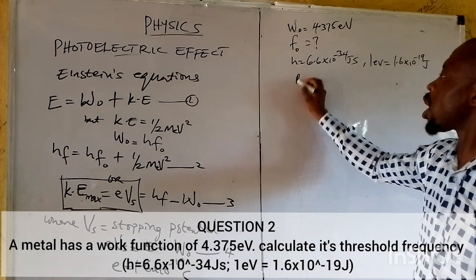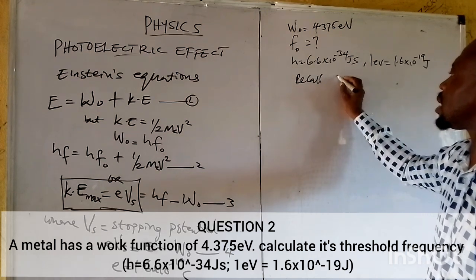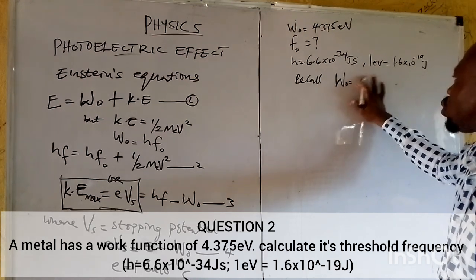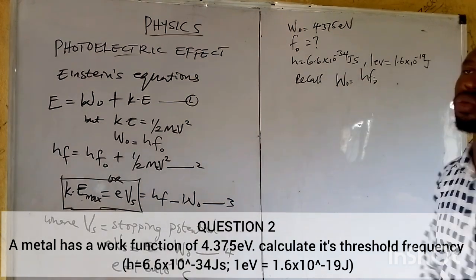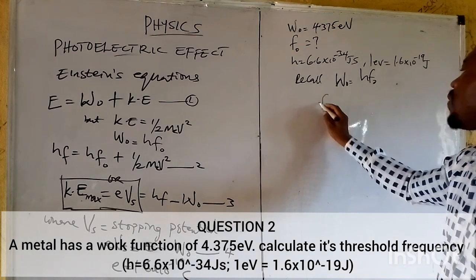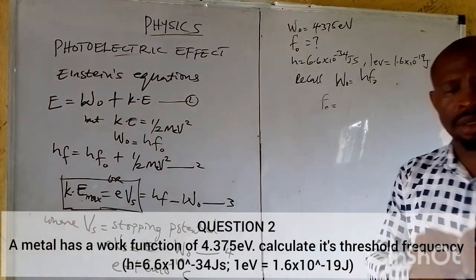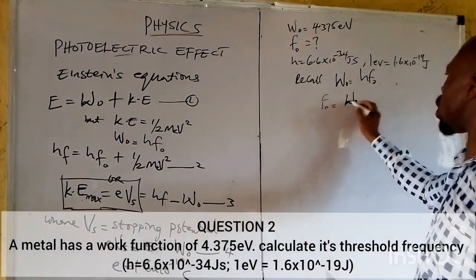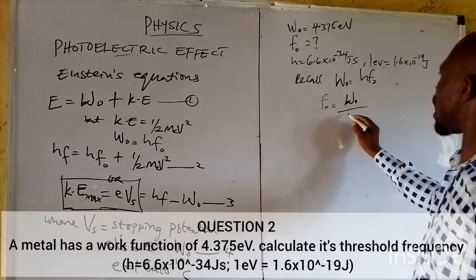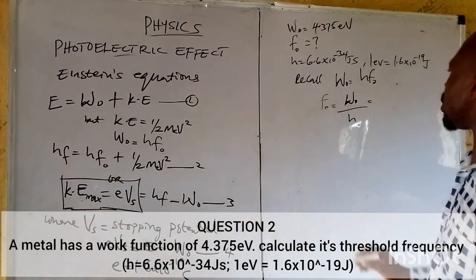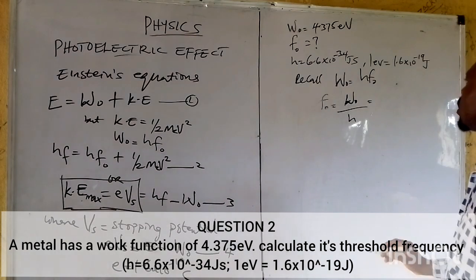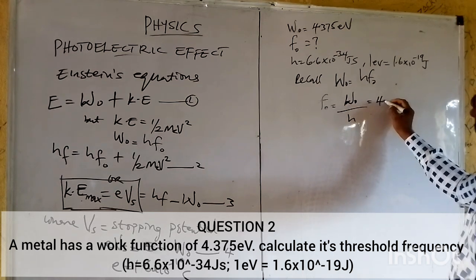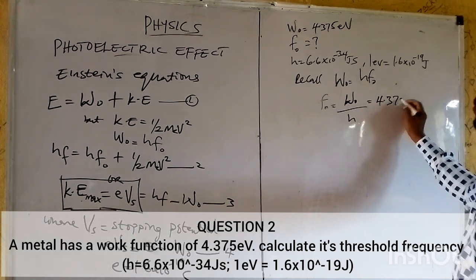Recall that W naught is h F naught, and we're looking for F naught. So F naught is W naught all over h, which gives us 4.375.